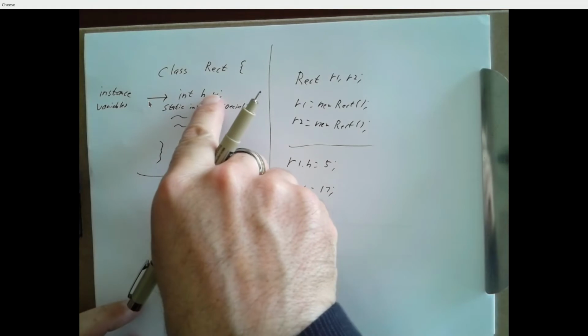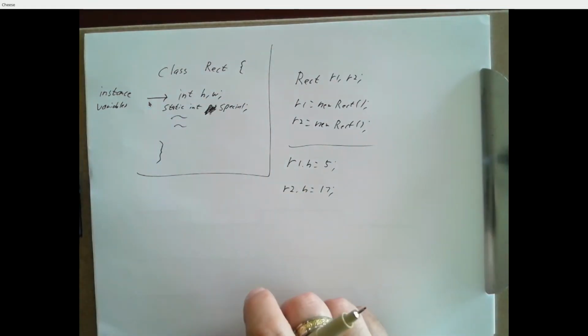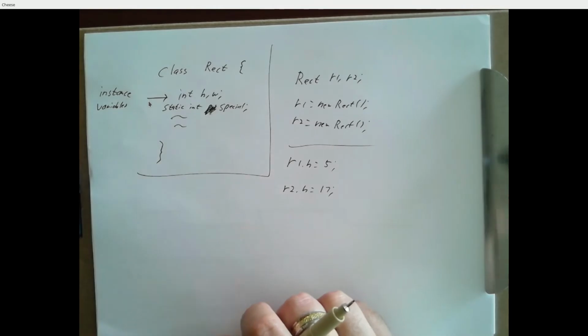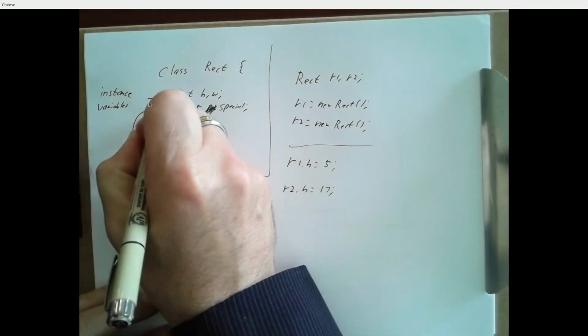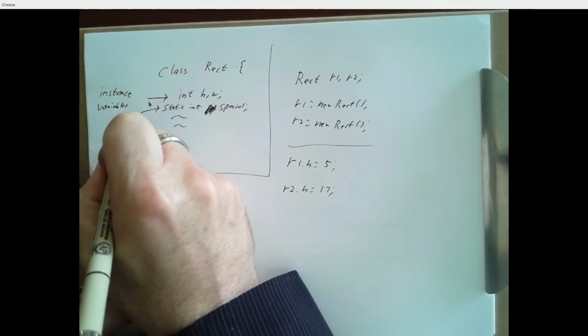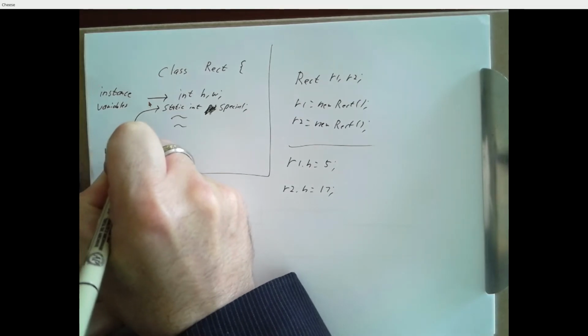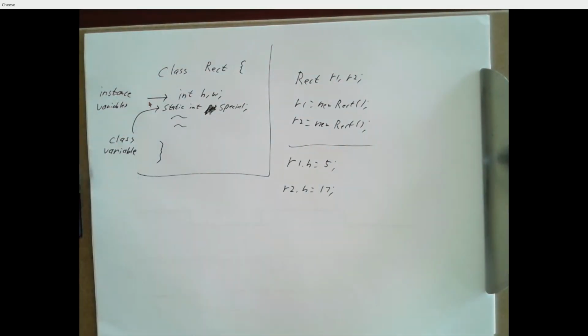So, instance variables, you get a copy for each instance. Class variables, or statics, there's a single copy for the entire class. This is a class variable. So what does this mean?